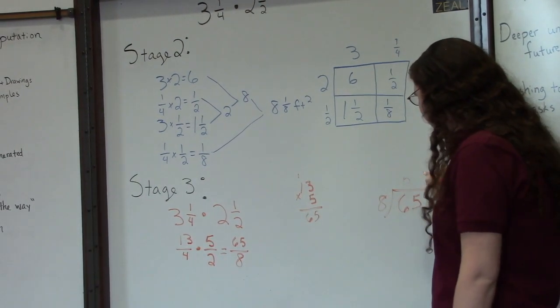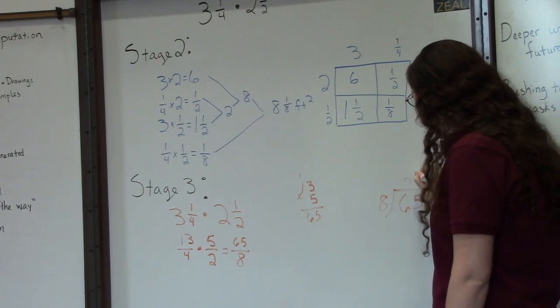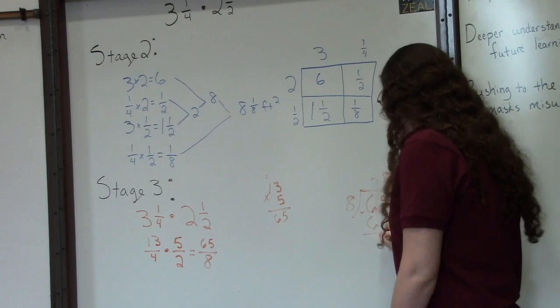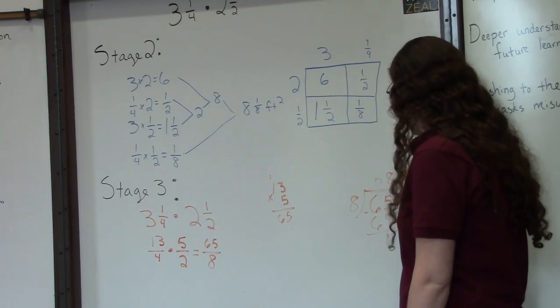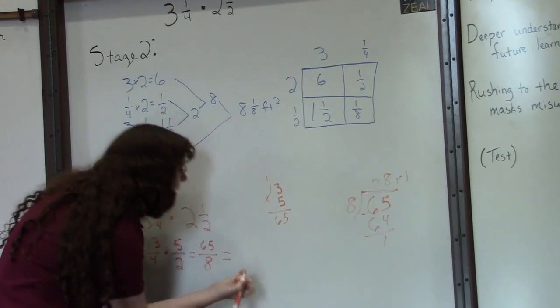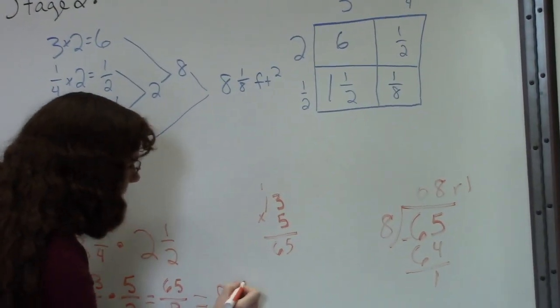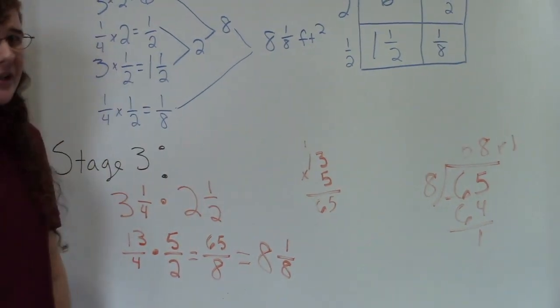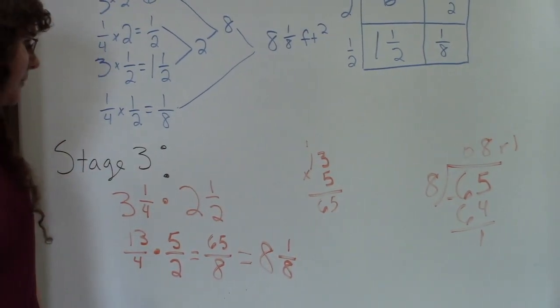And then how many times does 8 go into 65? Well, I guess that's going to be an 8 times 8 gets you 64 minus equals 1. So that means remainder 1. And then you come back over here and you say that that means that this equals 8 and 1 more out of 8. And that took an awfully long time.